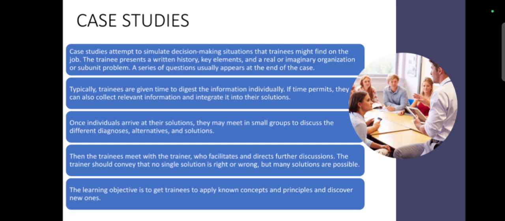Then the trainees meet with the trainer, who facilitates and directs further discussions. The trainer should convey that no single solution is right or wrong, but many solutions are possible to even a single problem also. The learning objective is to get trainees to apply known concepts and principles and discover new ones.